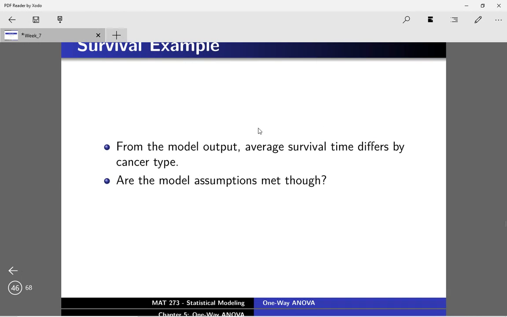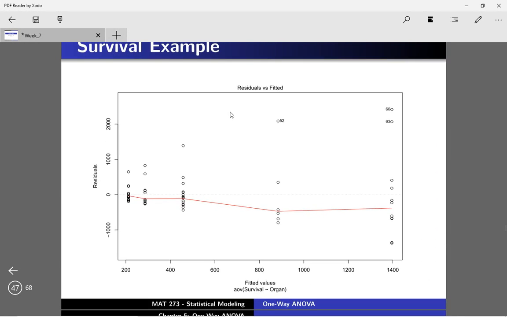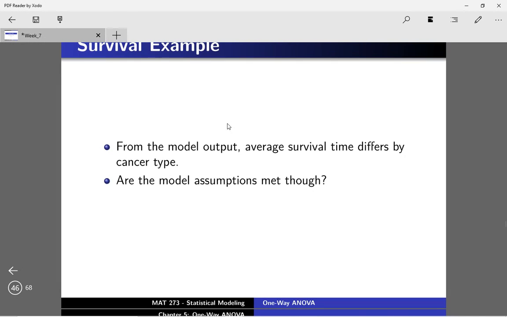But are the model assumptions met? We actually didn't check that first yet. We just jumped into running the ANOVA, but that's something we should check here. And in general, I want to mention that for regression and ANOVA like this, when you have a response that is always positive, in this case the response variable is the number of days survived, so that has to be something that's always positive.